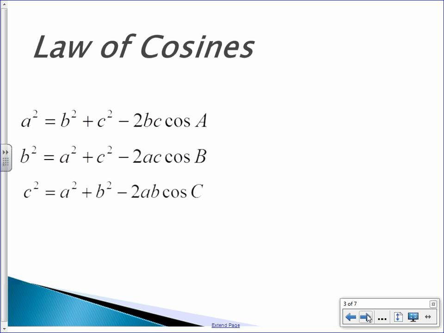Okay? Do you remember the times where we can use the law of cosines? Okay, so when the angle's in between, and there's one other time: side, side, side.